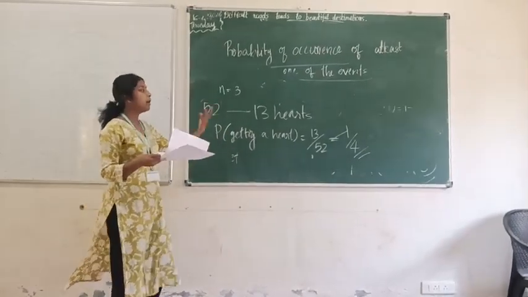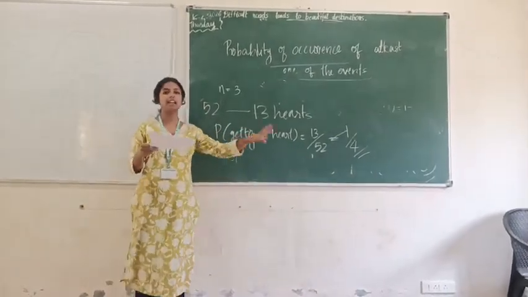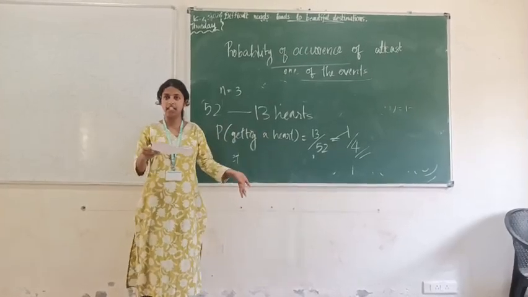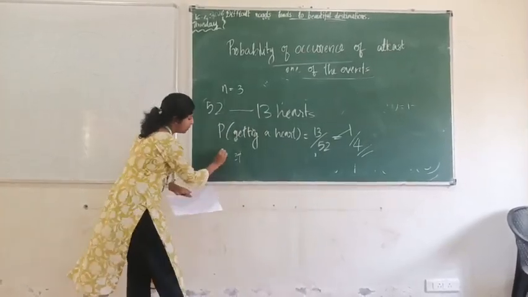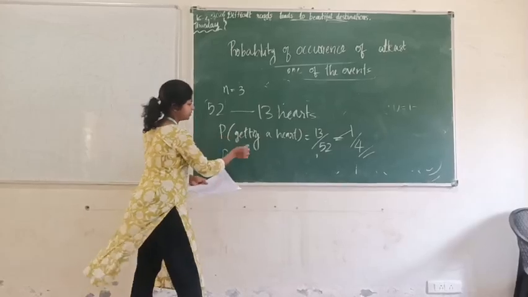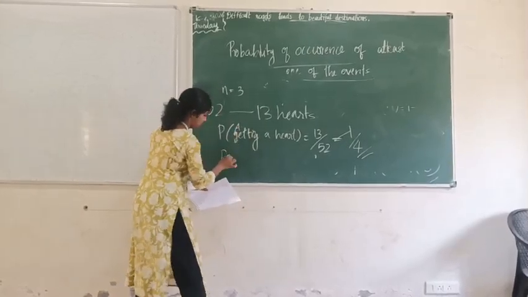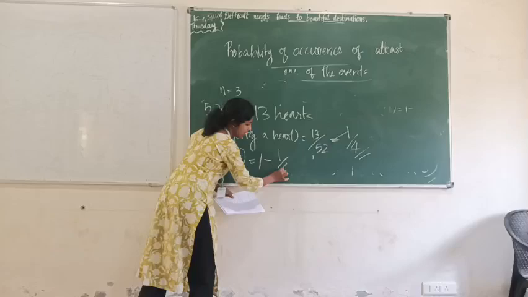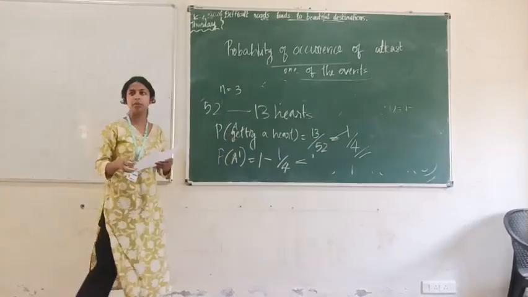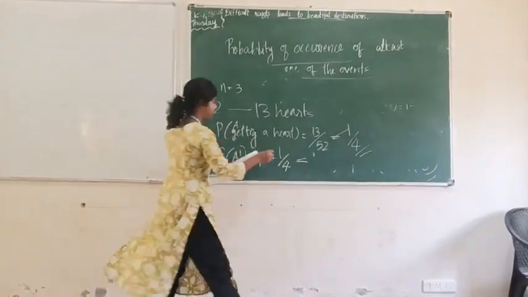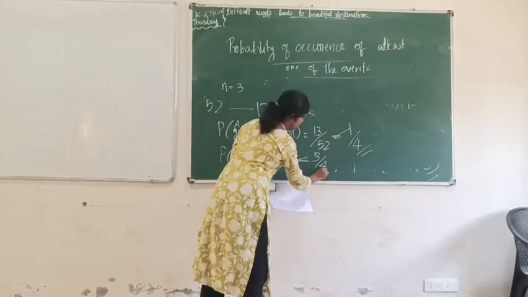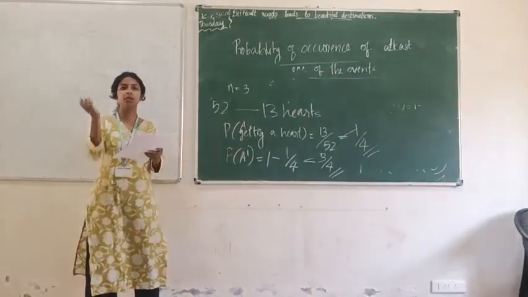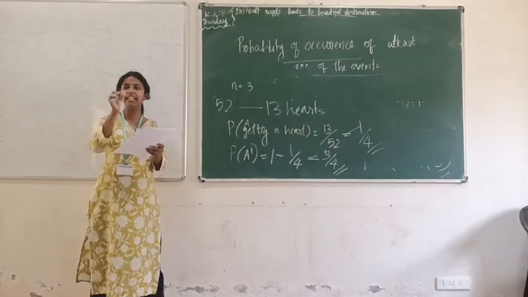And the probability of not getting a heart, we can call this A dash: P of not getting a heart is equal to 1 minus 1 by 4, which is 3 by 4. So we have got P of A dash.